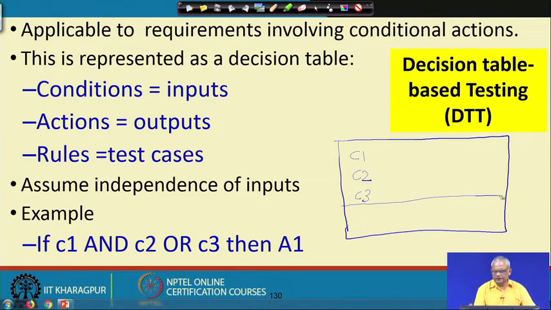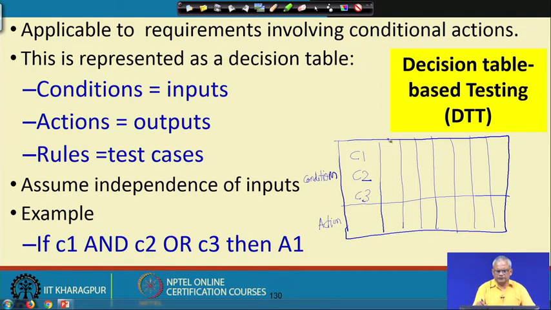We will put a line here and write conditions or inputs above, and the actions below. Then we consider various combinations of the truth values of these conditions, and each of these we call a rule or a test case.